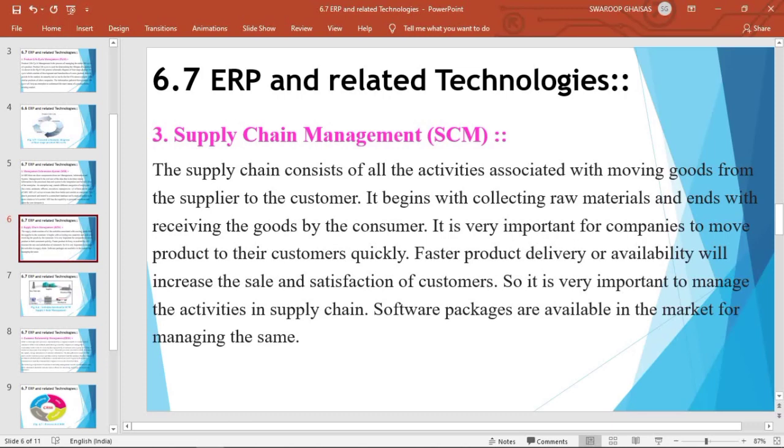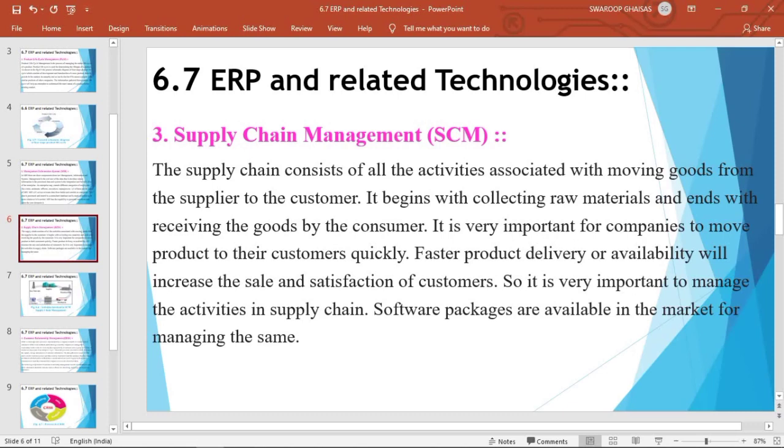It begins with collecting raw material to develop a product, and it ends with the consumer receiving the goods.